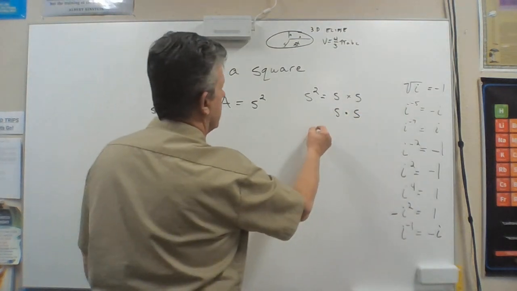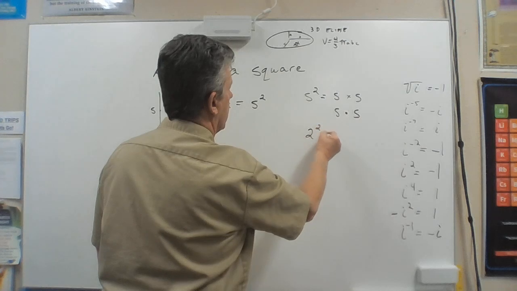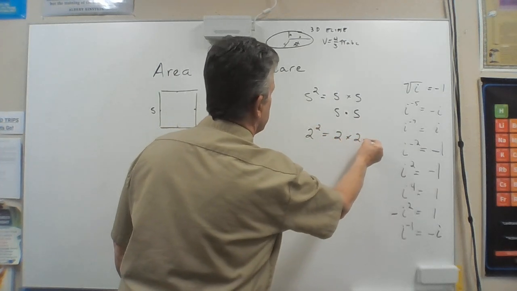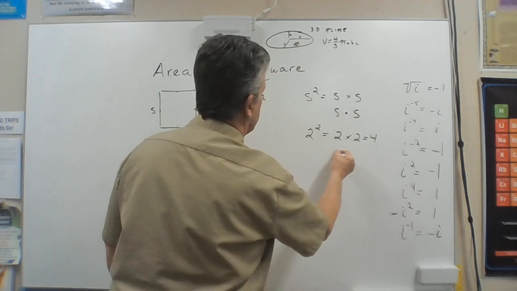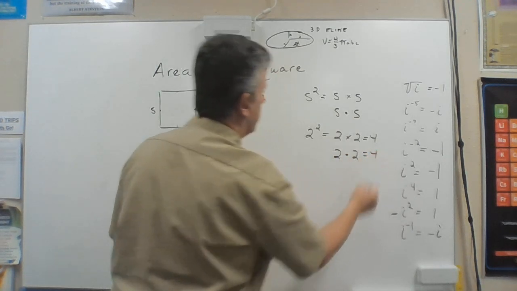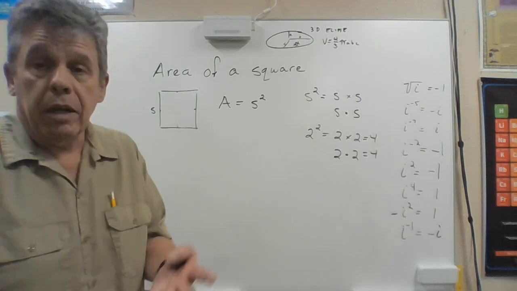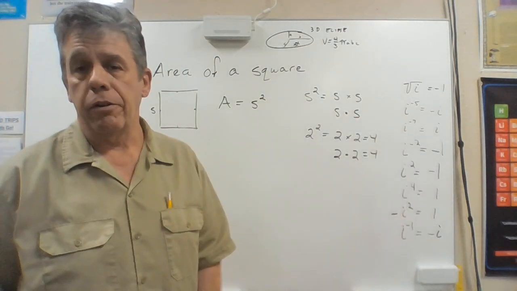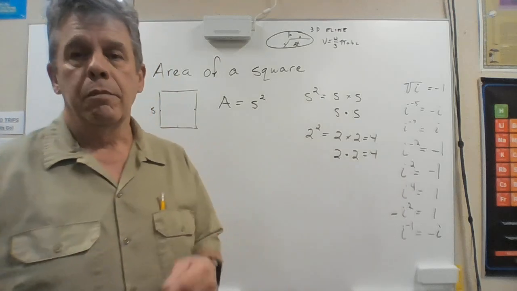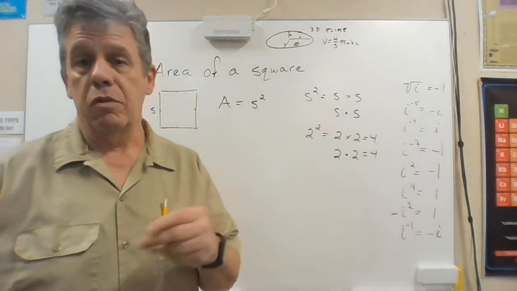If I had, say, the number 2 and it was squared, that would equal 2 times 2, which would equal 4. And 2 times 2 equals 4. Those are both the same thing, and they come up with the same answer because they are doing the same operation. These are called operators: plus, minus, times, divide.